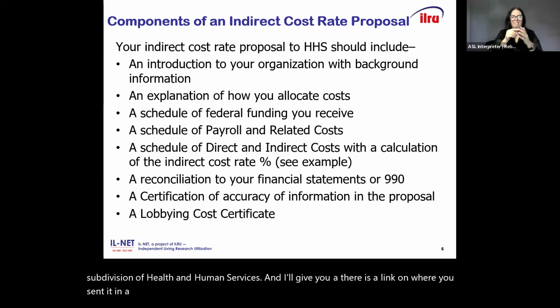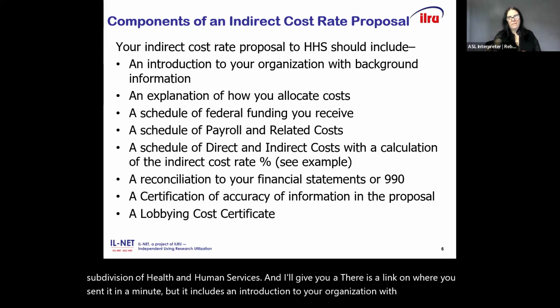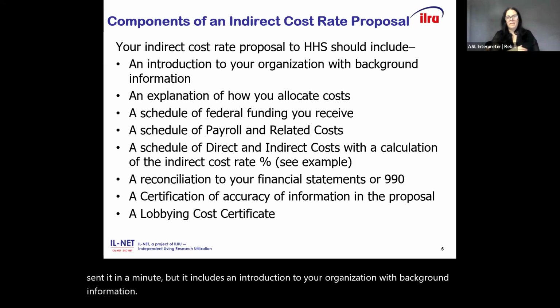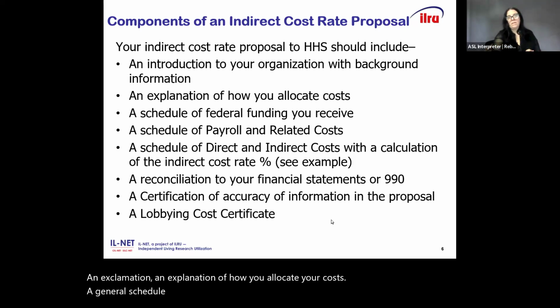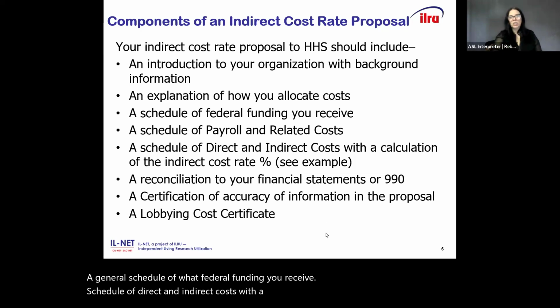It includes an introduction to your organization with background information, an explanation of how you allocate your costs, a general schedule of what federal funding you receive, a schedule of your payroll and related costs, a schedule of direct and indirect costs with a calculation, then the reconciliation of your financial statements or your 990.